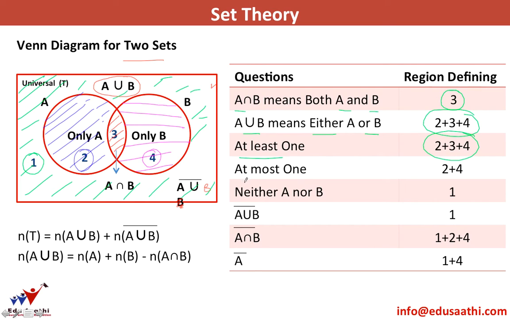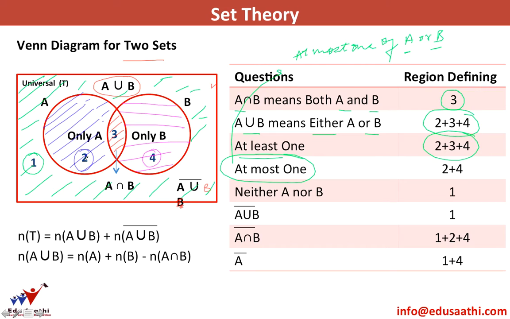Now what are the elements which occur in at most one of the sets, not two, at most one of A or B. So either it can be in A or in B, but not in both of them. So which are those regions?